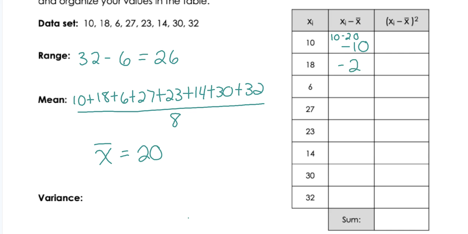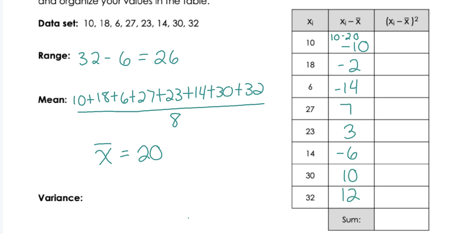We just keep subtracting 20 from each one. This one would be negative 14. 27 minus 20 would be 7. 23 minus 20 would be 3. 14 minus 20 would be negative 6. 30 minus 20 would be 10. And 32 minus 20 would be 12.